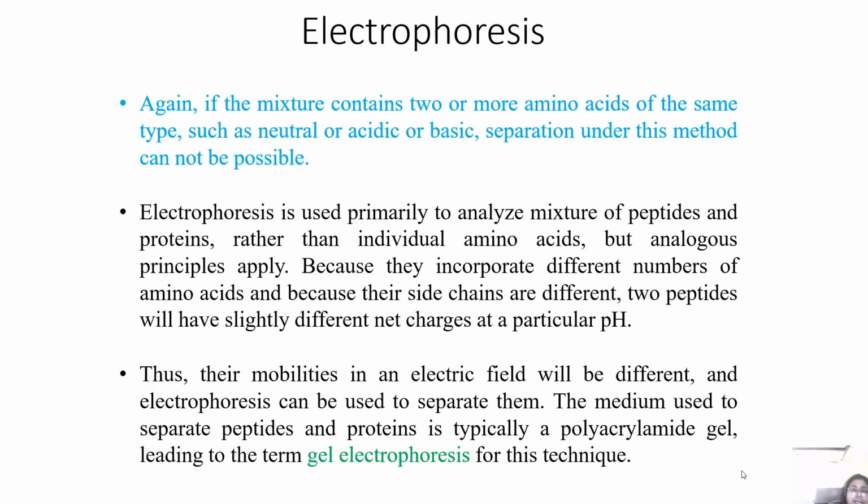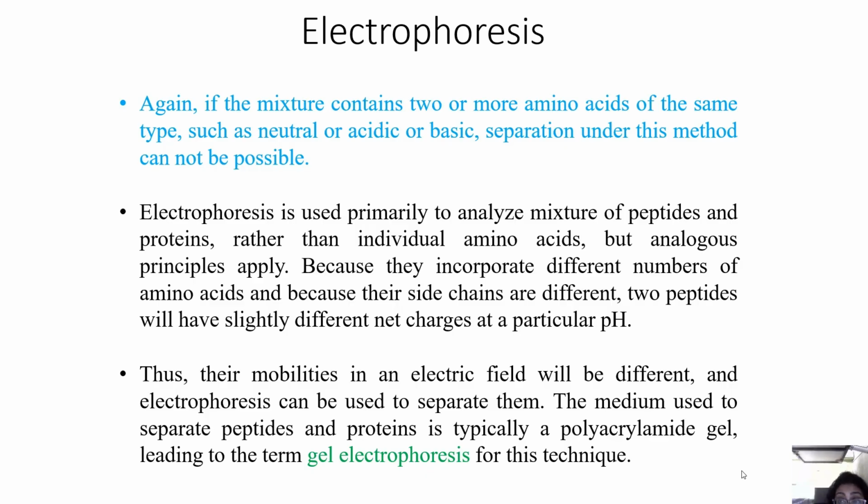So again, if the mixture contains two or more amino acids of the same type, such as neutral or acidic or basic, separation under this method cannot be possible. Electrophoresis is primarily used to analyze mixtures of peptides and proteins rather than individual amino acids, but analogous principles apply.